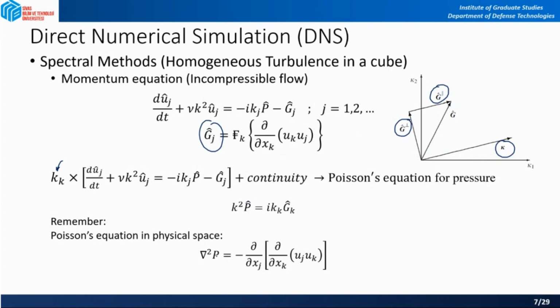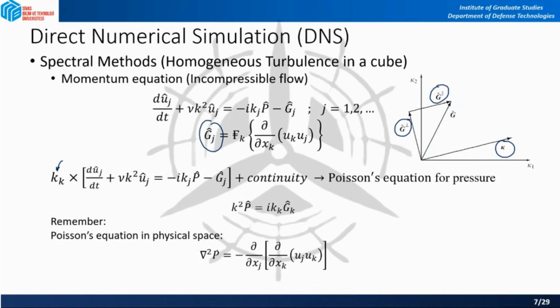In the Poisson equation, you have your pressure here, and your pressure is related to gradients of the nonlinear components of the velocity.